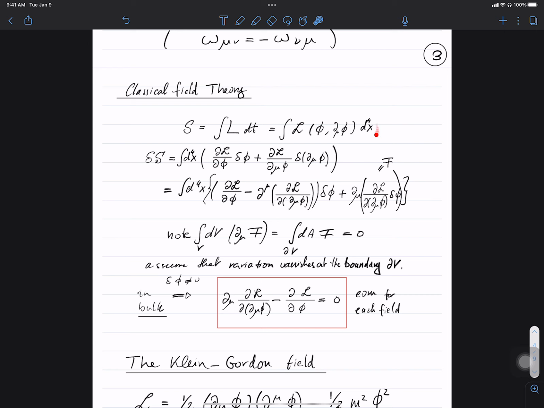Then the Lagrangian density is integrated over the whole space, and since we also have the integration over time, we integrate the Lagrangian density over the entire space-time. So overall, this matches. So this is a space-time integral, and this is a space-time density.